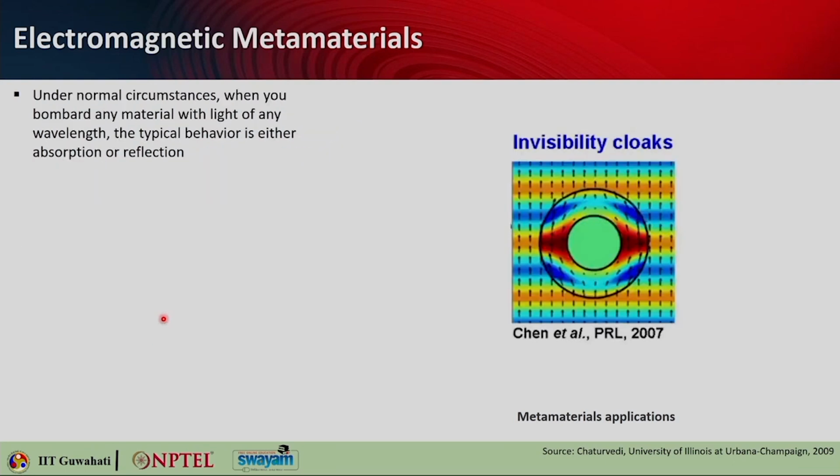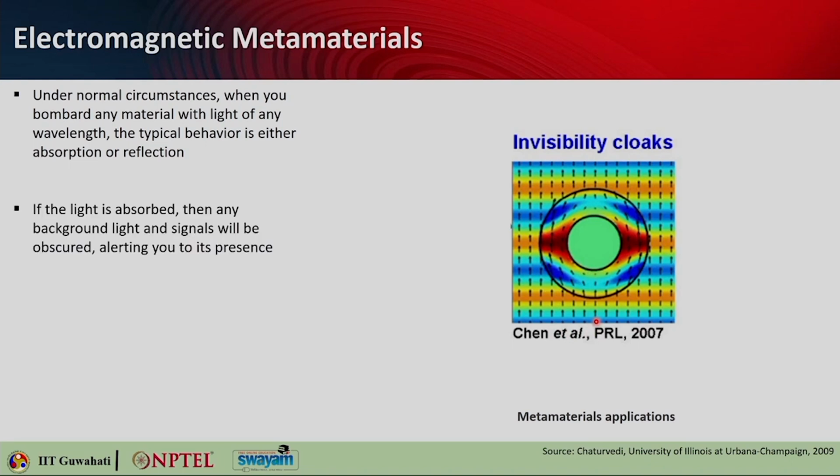Another important application will be in cloaking. As you can see here, the waves are coming from this direction, there is an object, but then the waves bend around. So this is a metamaterial cloak that is able to save this object from detection. What happens when light falls on an object? Typically the light is either absorbed, and if it is absorbed and nothing is getting detected here, that means somehow you know that there is an object present.